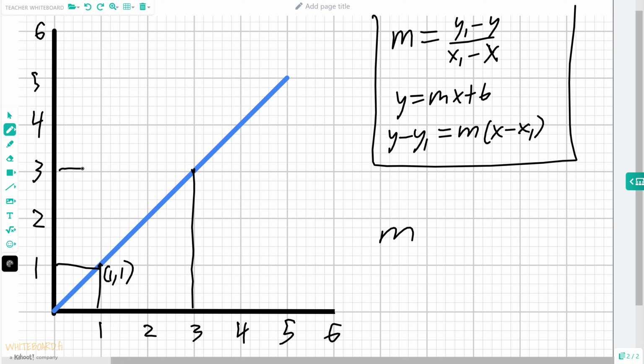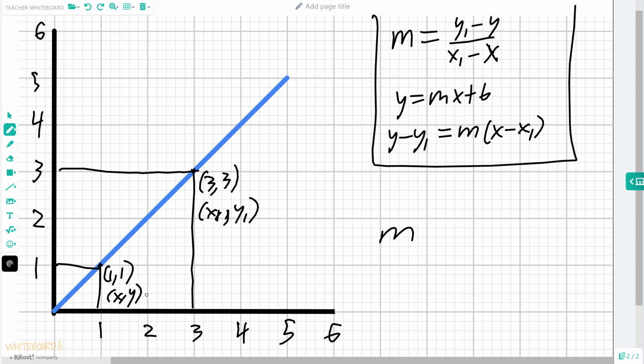It does not matter what 2 points you use, as long as they are on this line graph, it'll give you the right slope. So it doesn't matter what coordinates you set as your x, y value and your x1, y1 value. So set this one as our x1, y1 value, and this is our x, y value.